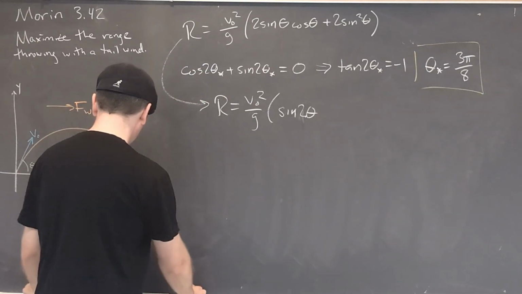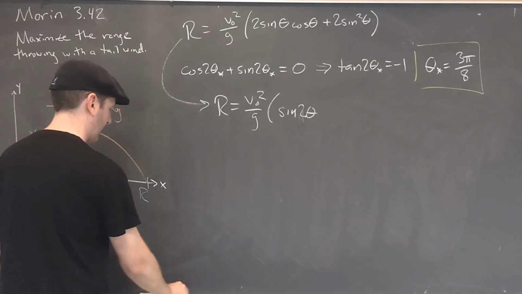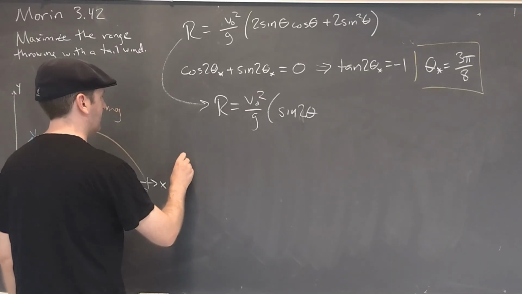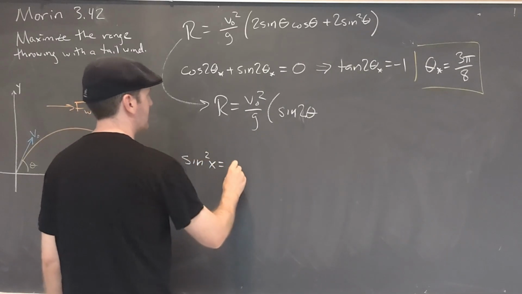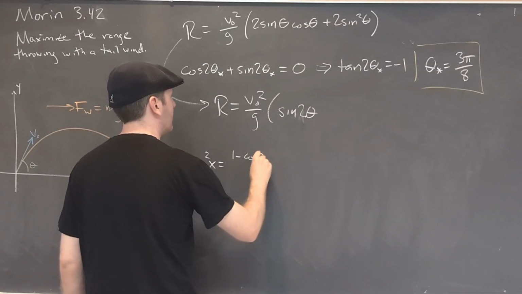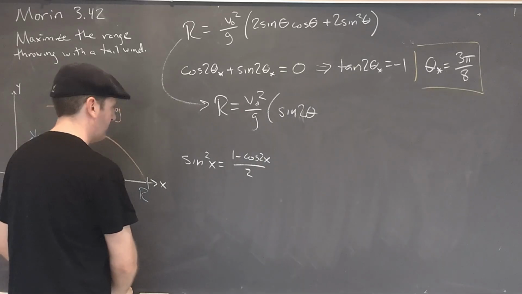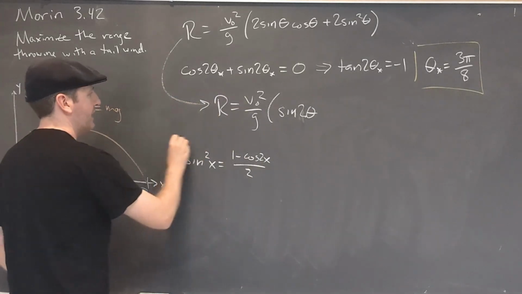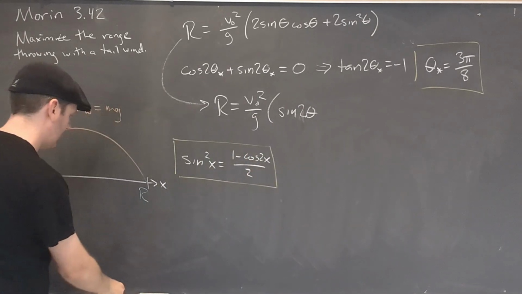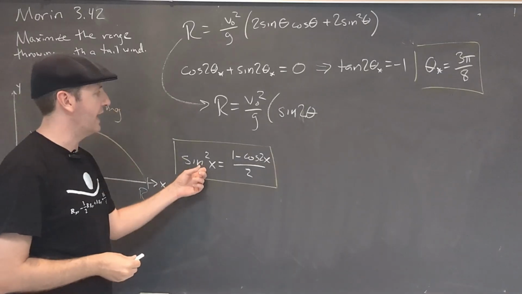And let's recall, maybe off to the side here, that sine squared x is the same thing as 1 minus cosine 2x all over 2. And that is the power reduction formula for sine.